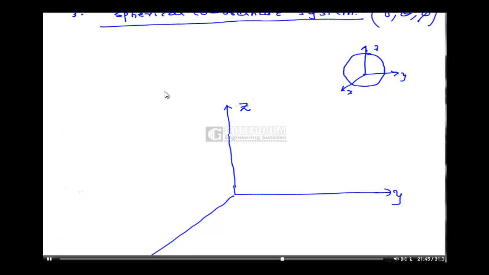This is a spherical surface, and this is point P on the spherical surface. This is the distance r, this is phi, and this is theta. This is the point P on a spherical surface.